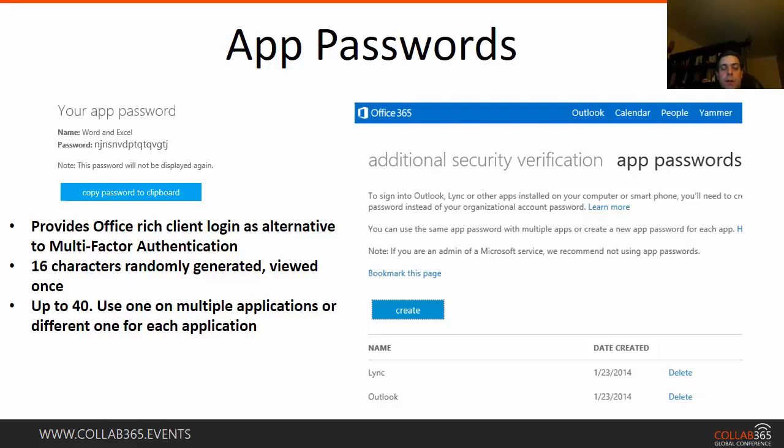For example, if you have applications that need to authenticate and you have multi-factor authentication enabled, there is the app passwords tab. You can, for example, name one Word and Excel, and you will get a password that you can put in these programs.